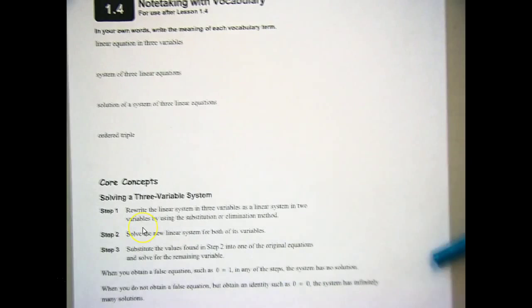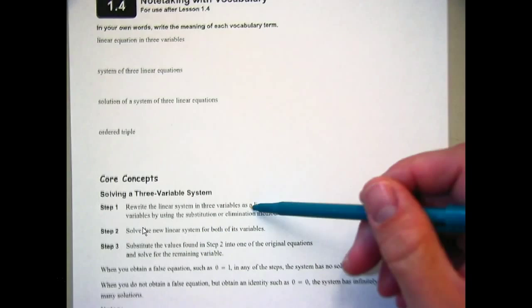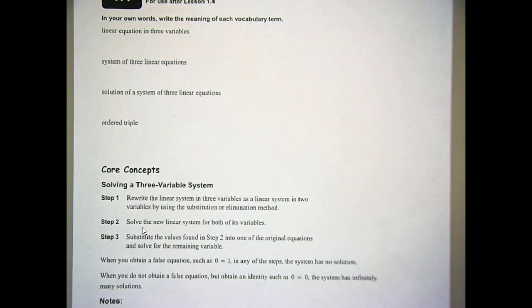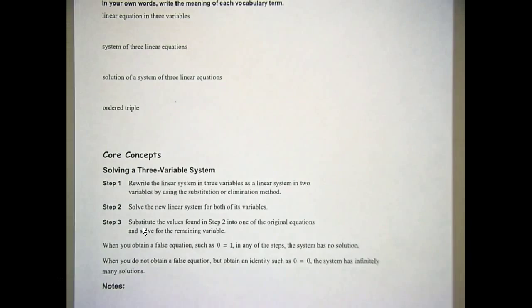Here are your steps to solving these. So later on, if you want to take a look at the steps, it may help you out.